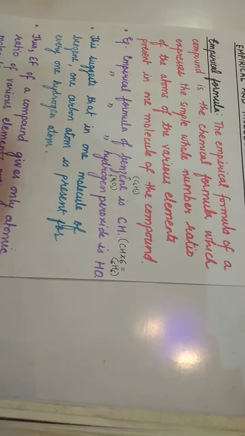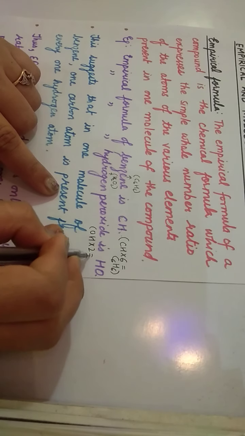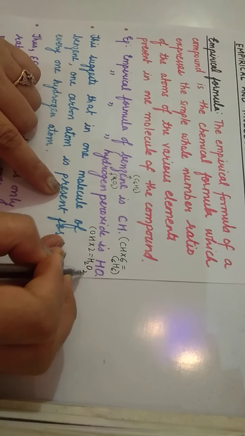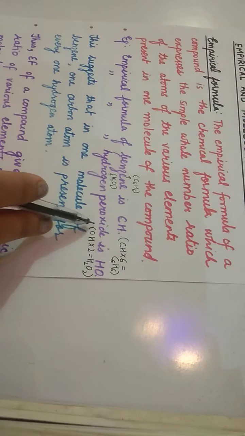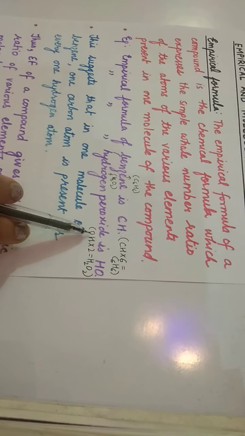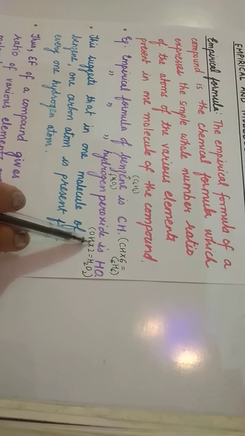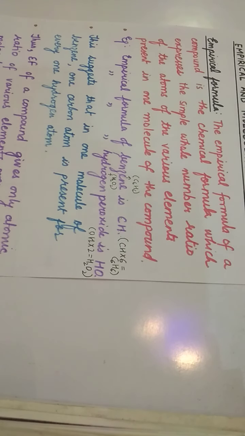If you multiply OH with 2, you get H2O2. This OH is the empirical formula. It gives you the simplest whole number ratio between the two atoms of the element which are present in a molecule of a compound. I just hope this one is clear.